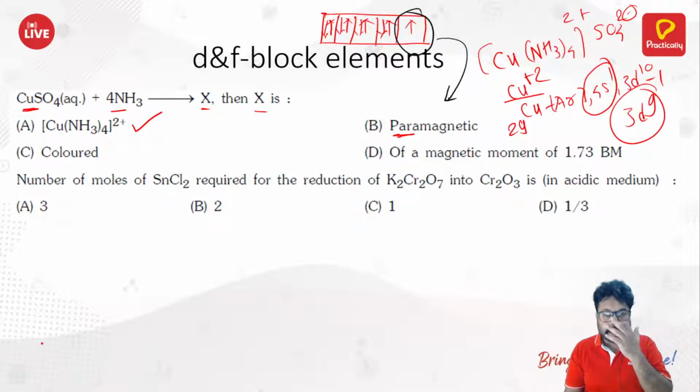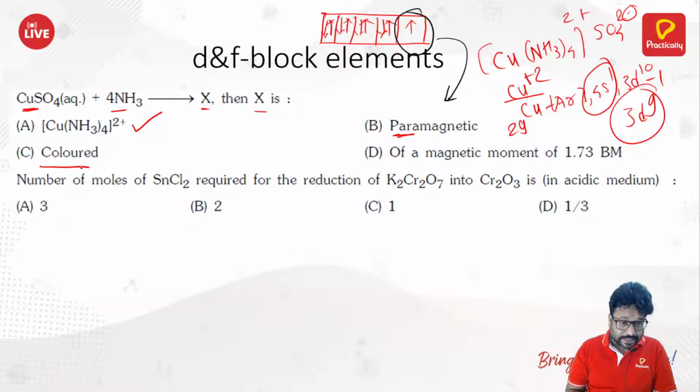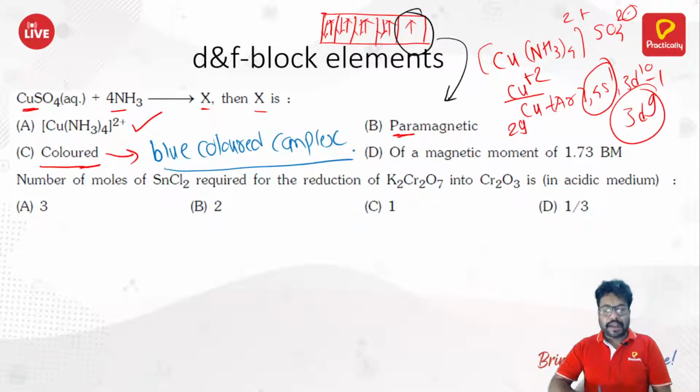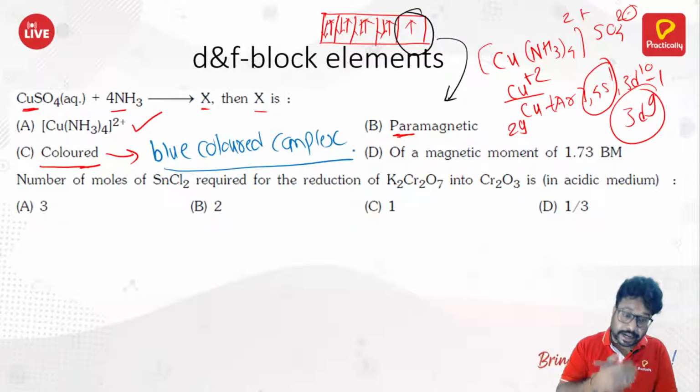It is paramagnetic. Is it colored? Yes, absolutely. It's a blue colored complex. Some of the things you need to remember, and you will remember if you have studied enough.